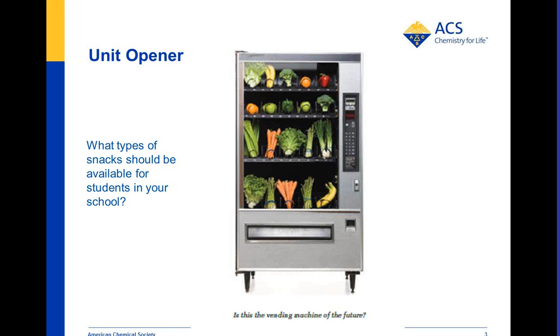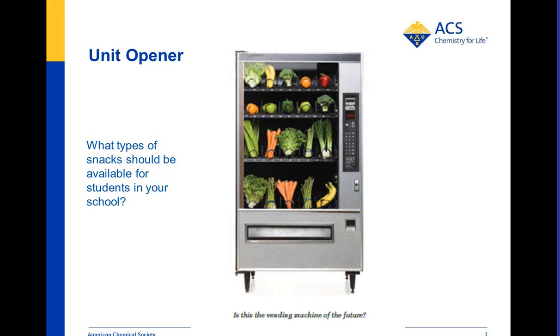So the students are going to be presented with this dilemma at the beginning of the unit, and they're going to work through the unit, and they're going to come up with the best types of foods for teenagers to eat to give them the type of energy they need for their growing and their ever-active lifestyles. So that is the premise for this unit.